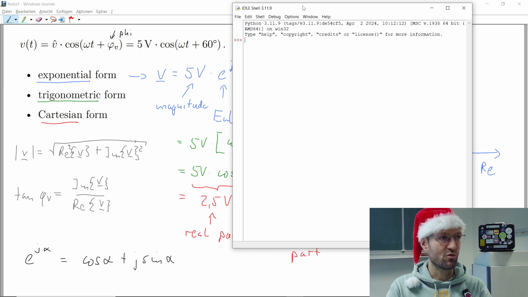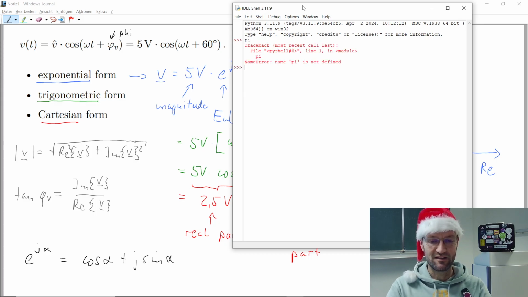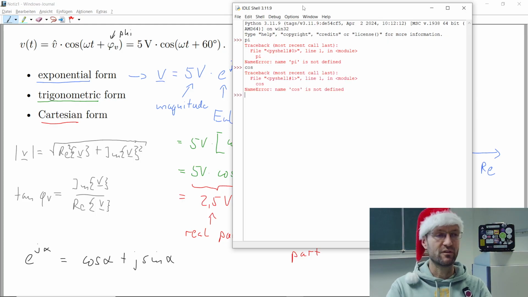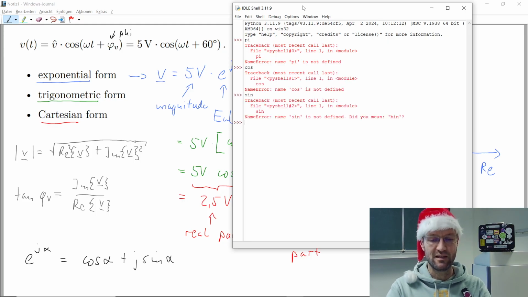The advertising slogan of the Python programming language is that batteries are included. So there are already lots of functions built in. But if you check, for example, there is no pi defined. And I think there is not even a cosine or sine function defined in the Python language.